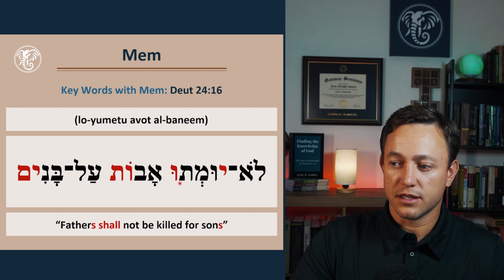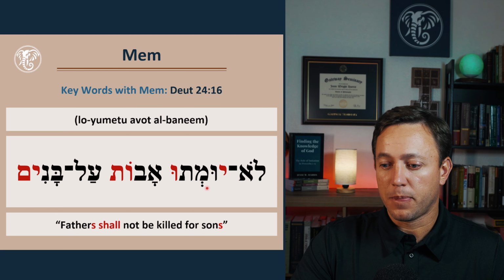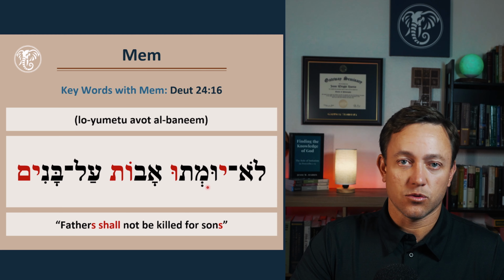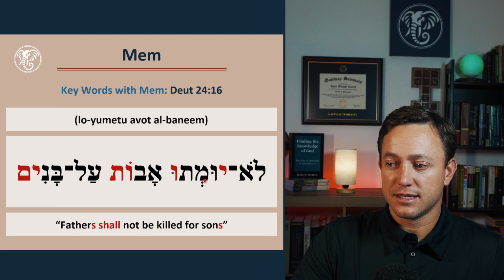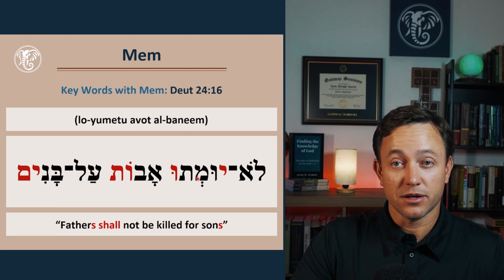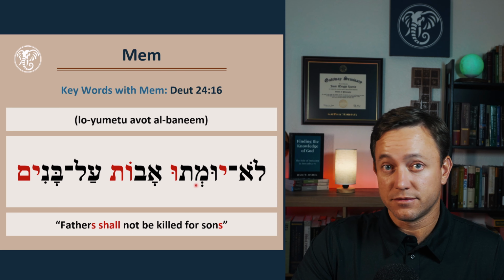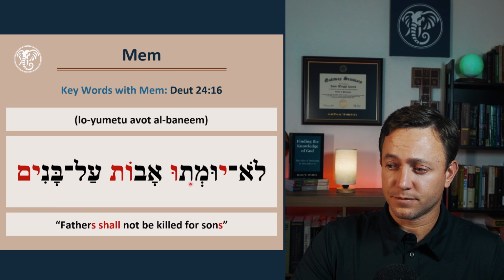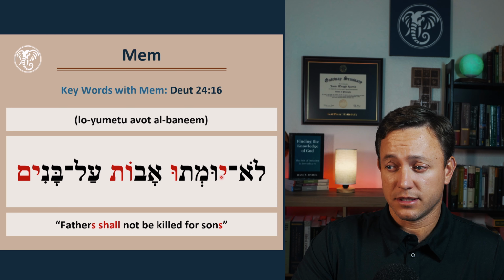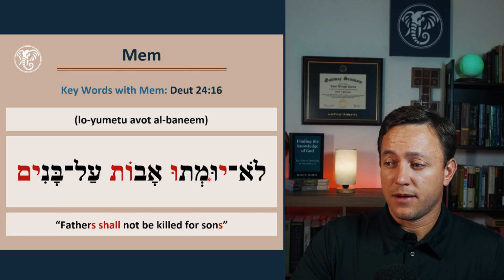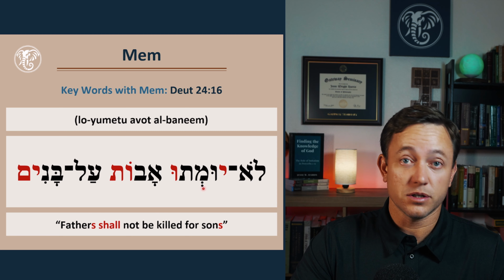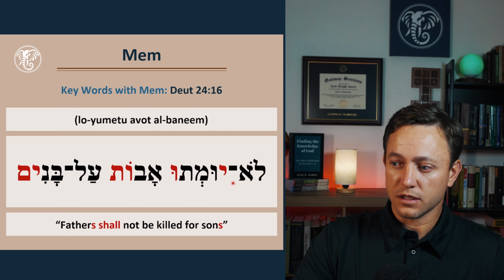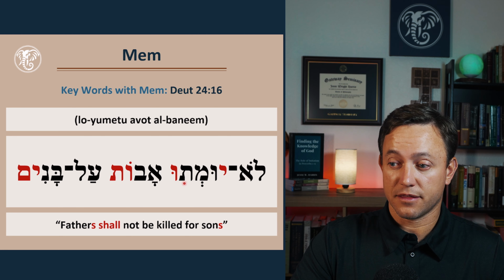Now, this is that tricky word or form because, like I said, mut is missing a letter in the middle here. And so it oftentimes looks a little different. And so in this case, it really just means something like he will not kill or maybe be put to death. So he will not be put to death.